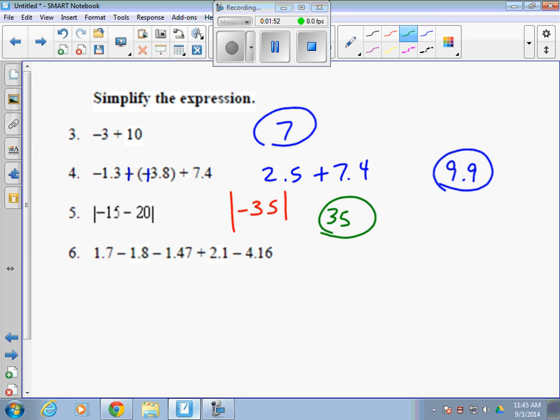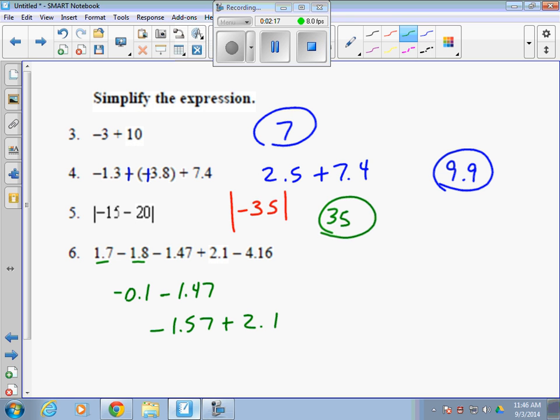Number 6 says 1.7 minus 1.8 minus 1.47 plus 2.1 minus 4.16. So we got a lot of stuff we got to do here. We'll just do it one part at a time. 1.7 minus 1.8 is going to be -0.1. Minus 1.47 is going to be -1.57 plus 2.1.